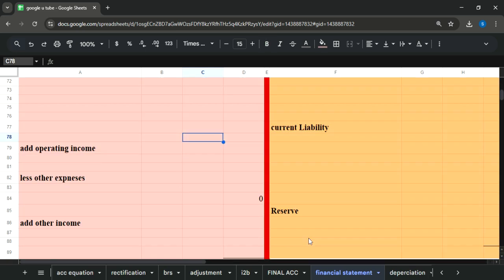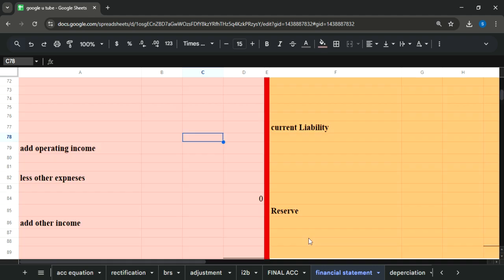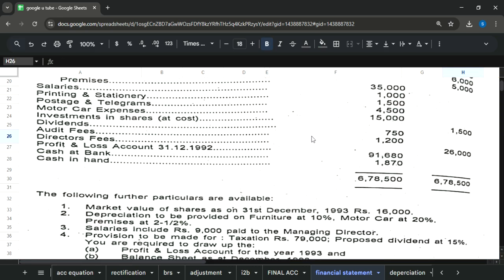So first 79,000 would be over here, and secondly in current liability you will write provision for taxation. Since it is a sort of capital expense, we will mention it in current liability, amount of which is 79,000.